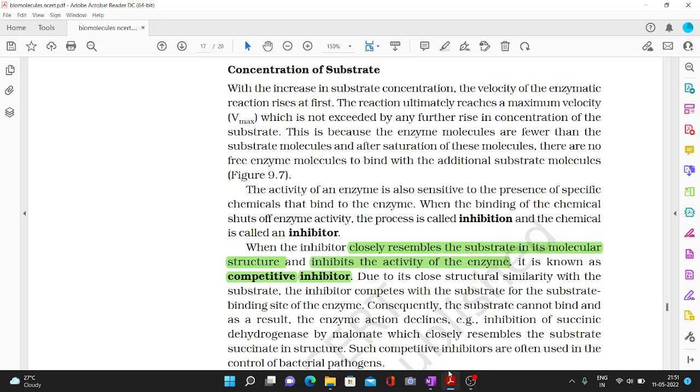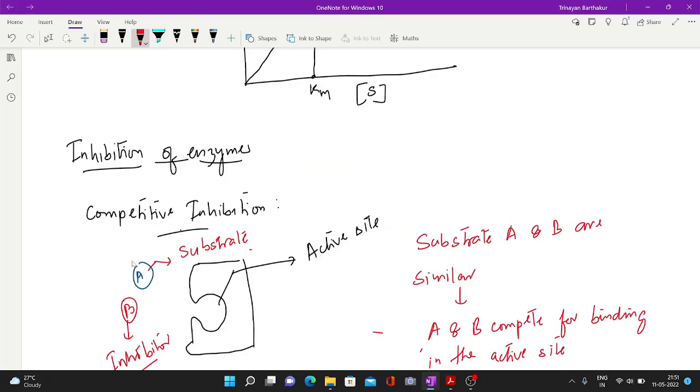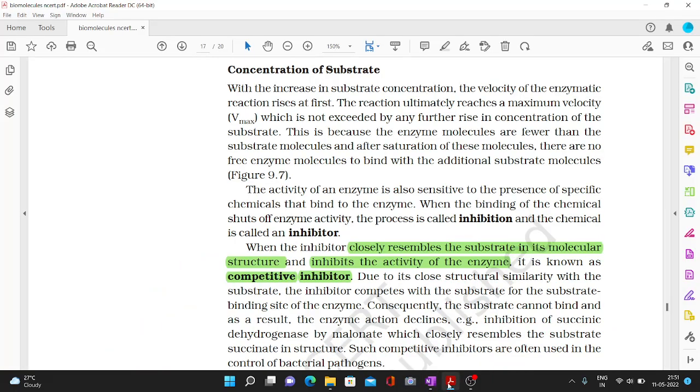Because suppose the original substrate is A and B is the inhibitor, B is going to compete for binding. So basically, both of them are competing for the same spot, right? So this is inadvertently going to lessen the number of bindings of A, right? Because there won't be as many A molecules binding to the enzyme. Is this point clear?